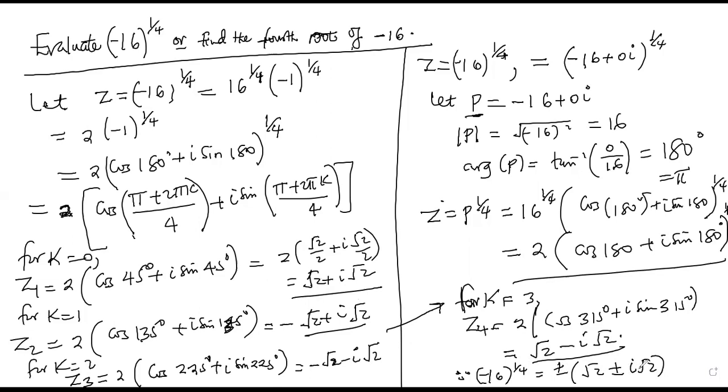Why am I putting another plus or minus? Because we either have minus I or positive I. So that is what we have as our fourth root. Or you can write all of them, this, comma, that, comma. All of them.